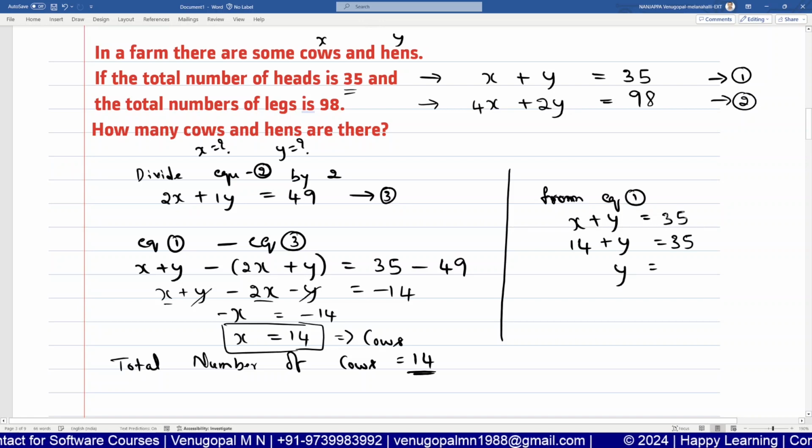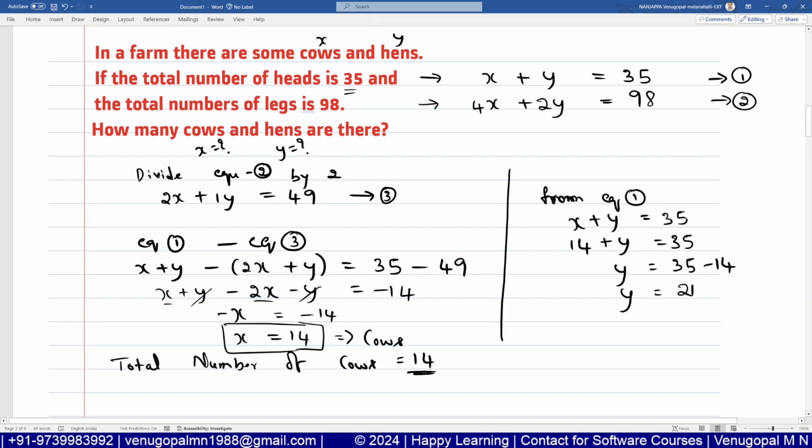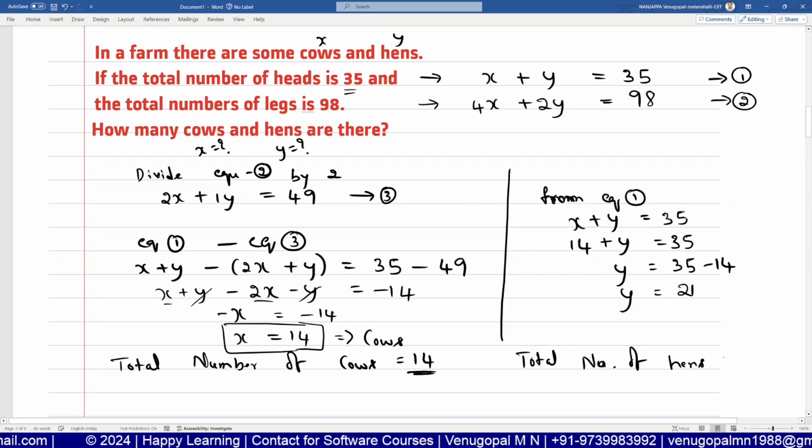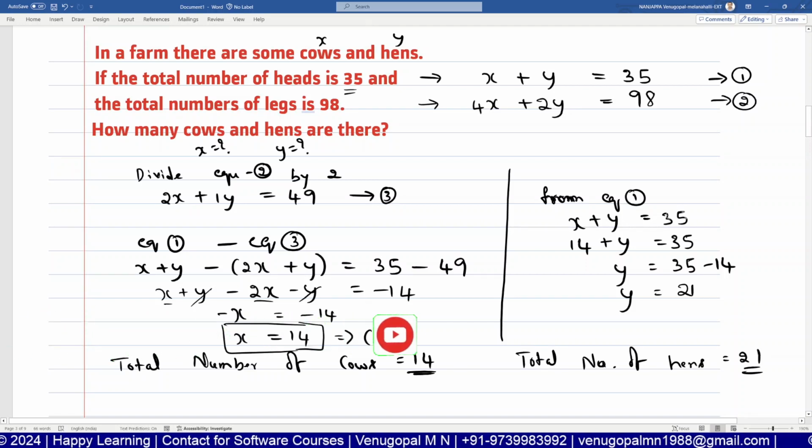Y is equal to 35 minus 14, and y is equal to 21. Got it, guys? So total number of hens is equal to 21, and total number of cows is equal to 14.